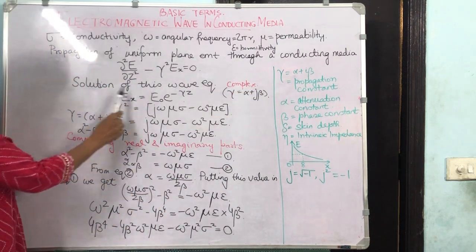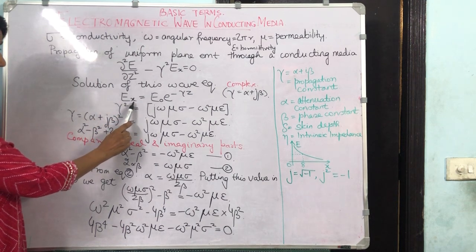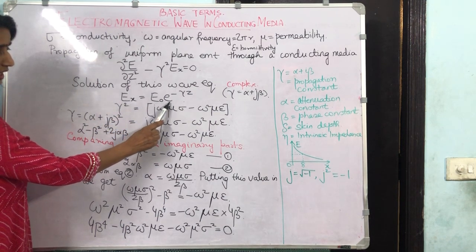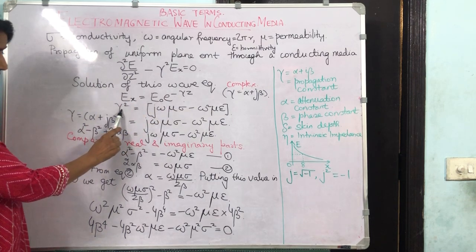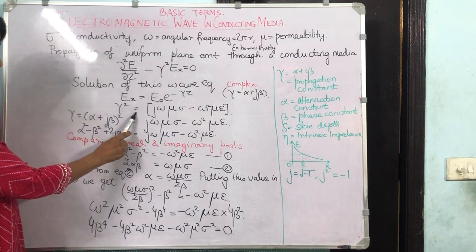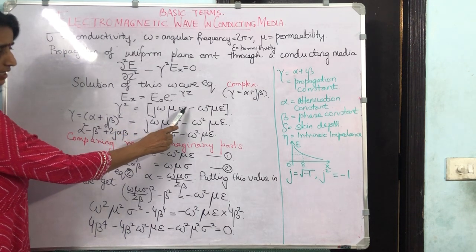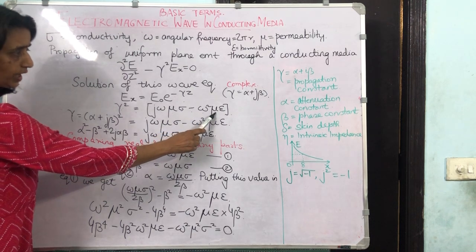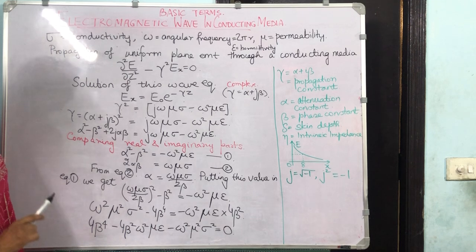So the solution of this wave equation comes out as Ex is equal to E naught e to the power of minus gamma Z. Now gamma squared is equal to j omega mu sigma minus omega squared mu epsilon. We have done all this in the previous lectures.